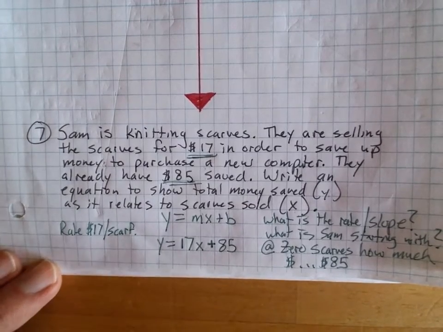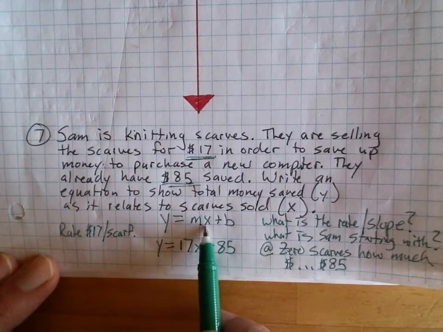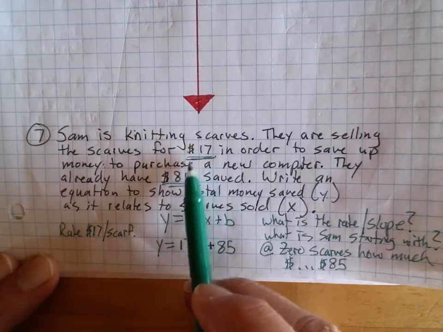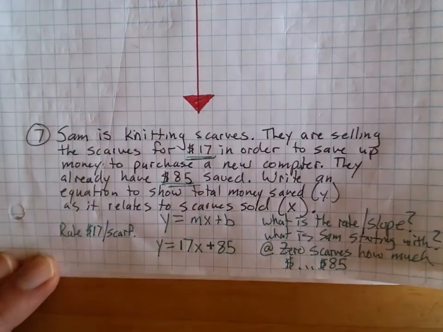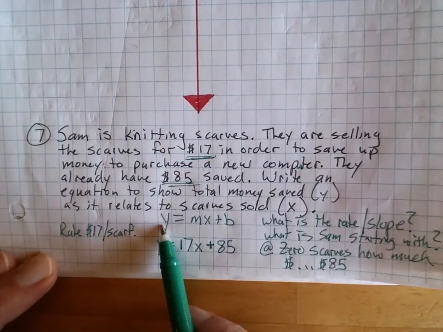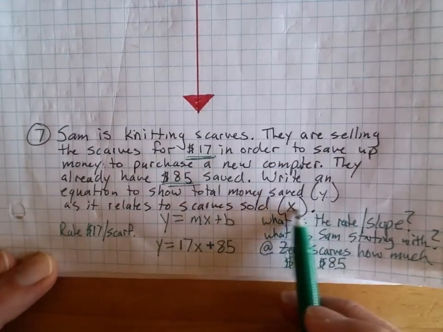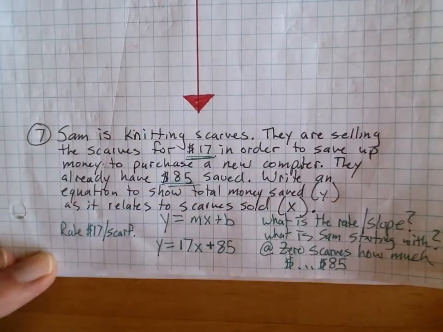Now, I want you to write an equation in y equals mx plus b form, and I've only given you 2 numbers. So we already kind of know what's going on here. y is total money. x is scarves sold.